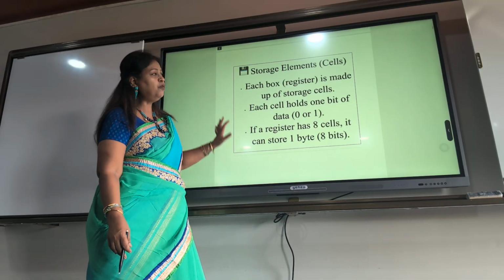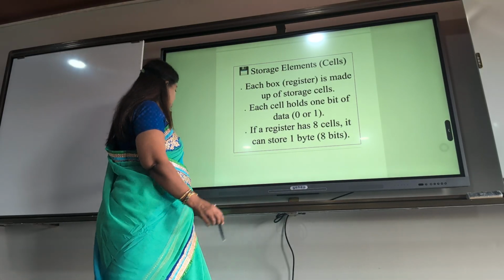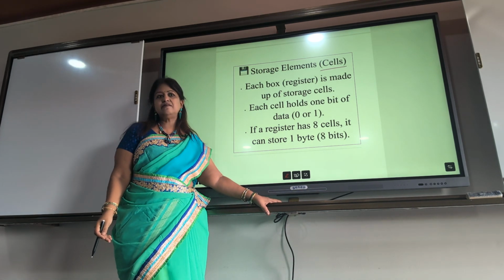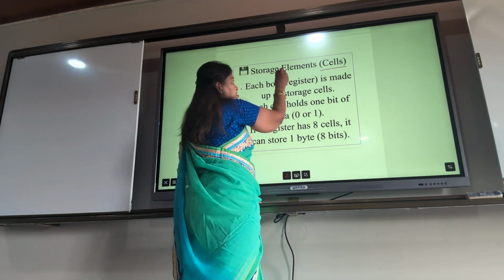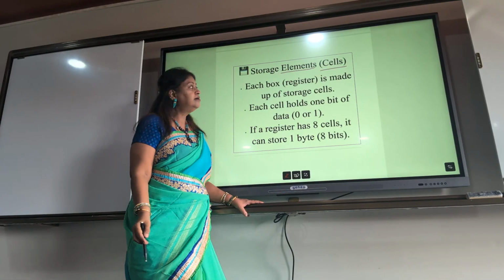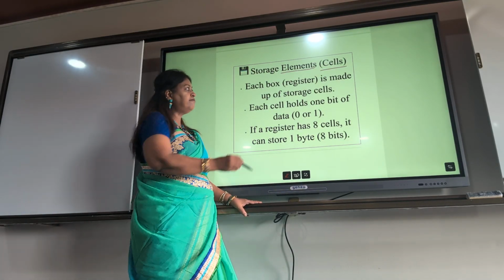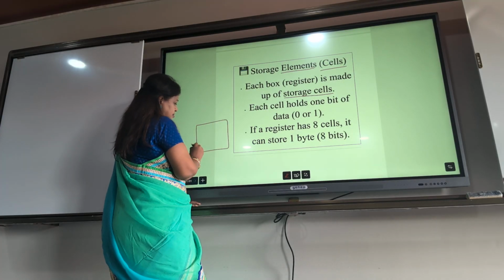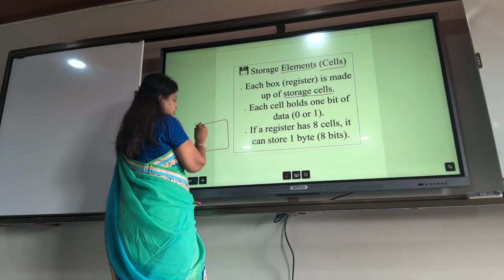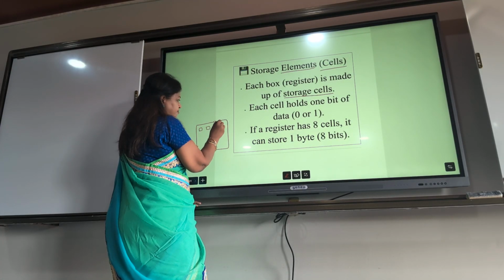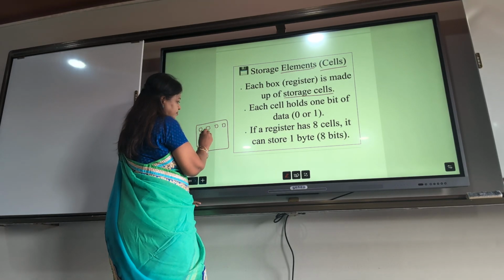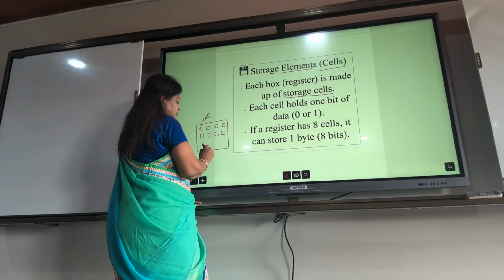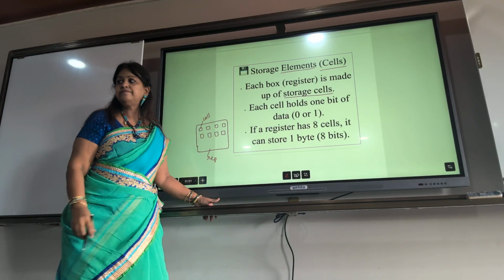Storage elements: how are we storing? They are called cells. That is what is called a storage element. Each box is made up of storage cells. So you have a box, and in that you have a lot of cells. This is your cell, this is your cell.